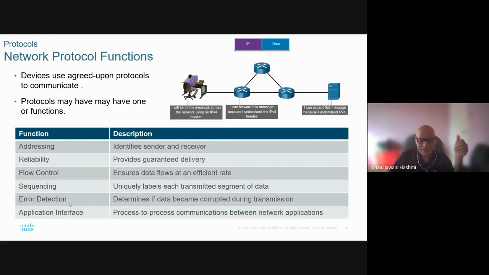Sequencing: one of the ways they provide reliability is by using a sequencing technique, using sequence numbers to track packets. They can also detect errors, and they can process communication between network applications.